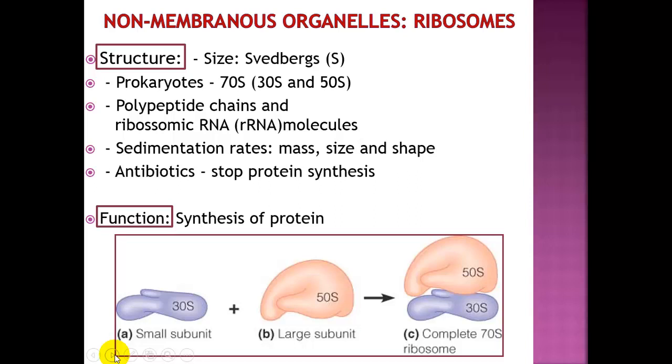The subunits are made up of polypeptides and ribosomal RNA. Because the sedimentation rate depends not only on the size and mass but also on the shape, the addition of a 30S subunit with a 50S subunit does not add up directly to 80S but to a 70S ribosome, as shown over here.